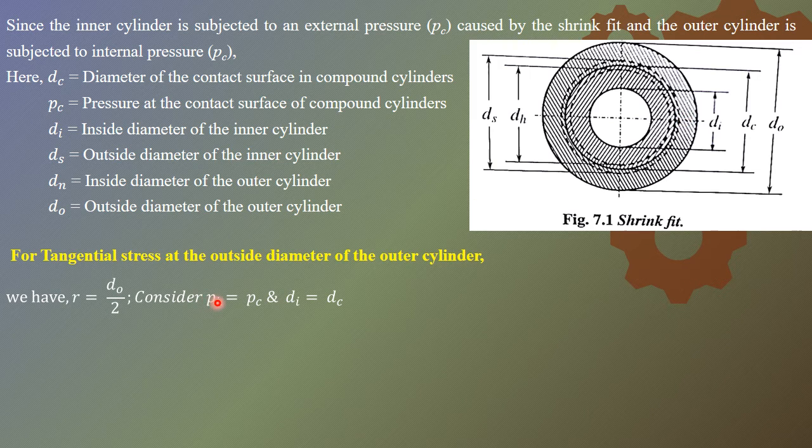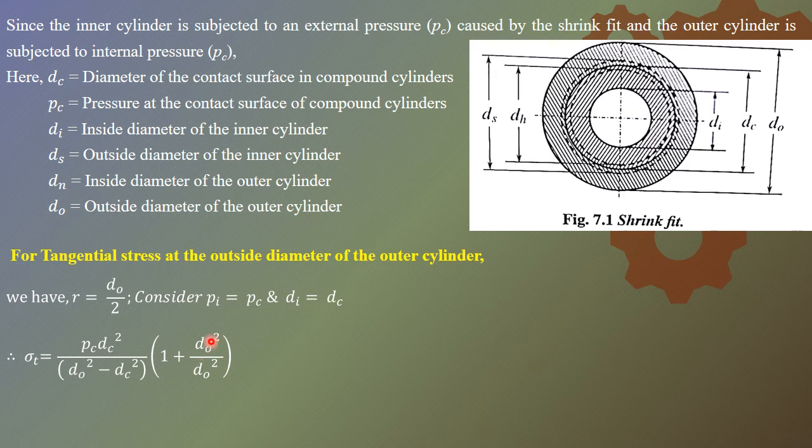That's why Pi will be substituted as Pc, the contact pressure. Internal pressure will be nothing but the contact pressure Pc, and the internal diameter will be nothing but the contact diameter. So substituting those expressions in the previous tangential stress equation for only internal pressure, which we derived on the previous slide, if you substitute the R value, Pi value and Di value, you will get this expression.